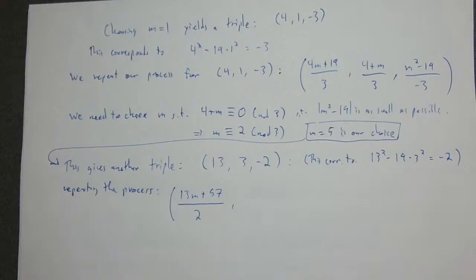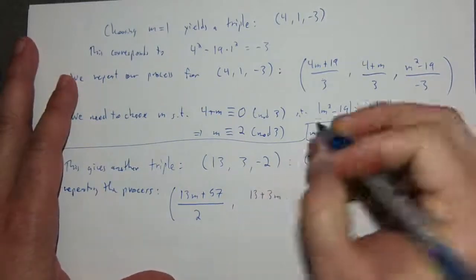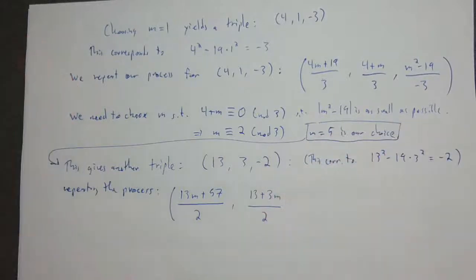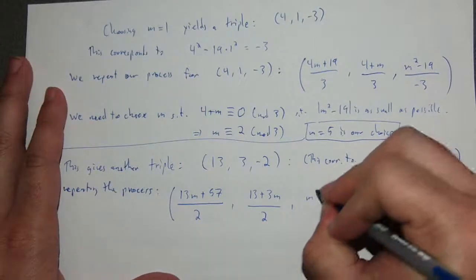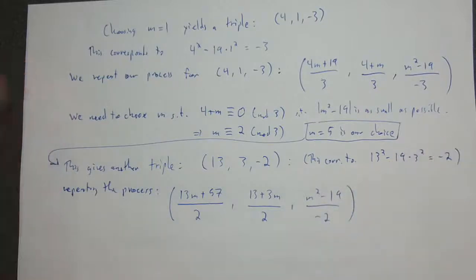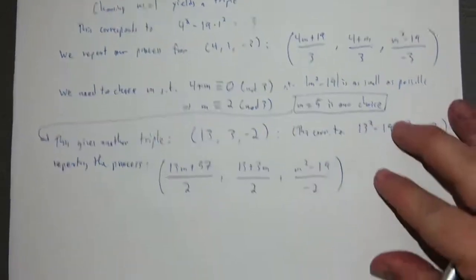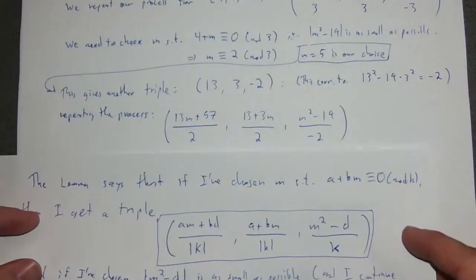In the second slot, I get (13 + 3m) over 2. And in the last slot, I get (m squared minus 19) over minus 2. And if you're confused where that comes from, just remember really quickly, this is the formula for it. Let me push this up.